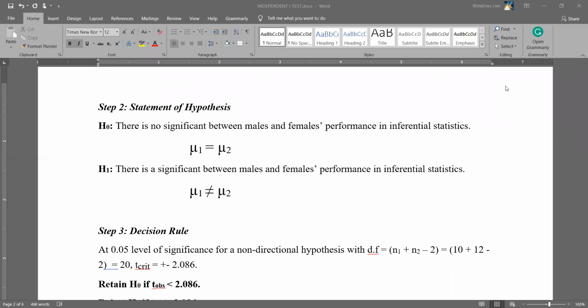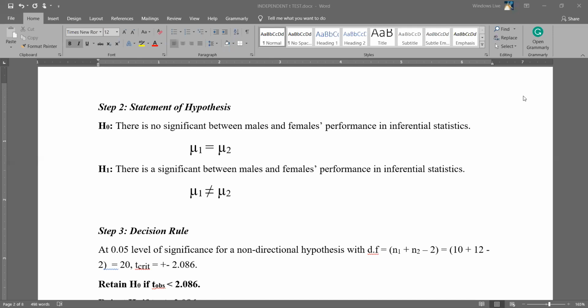If they don't indicate that one is higher, one is lower, one is positive, one is negative, and all that, then they just tell you there's a difference or an influence between the two groups. It means it is non-directional or two-tailed, because they didn't specifically tell us which one is better than the other.